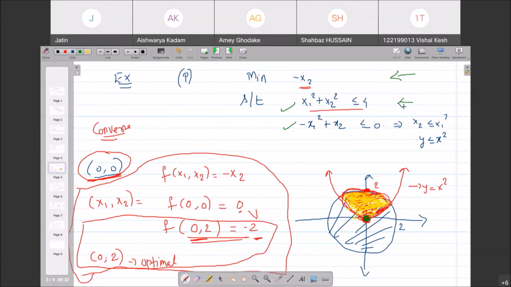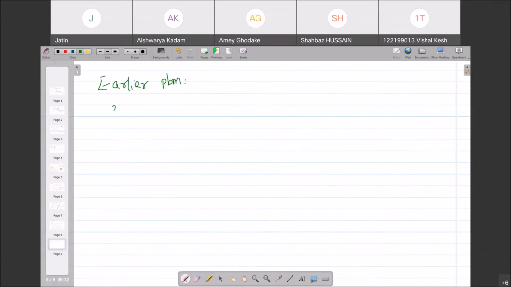Can you recall what will help you to check whether a function is convex or not? If I take g1 to be x1 square plus x2 square minus 4, is this a convex function? Find the Hessian of g1. Can anyone tell me what is the Hessian? I am solving side by side, but if someone can tell me before I get the answer, it will be good.